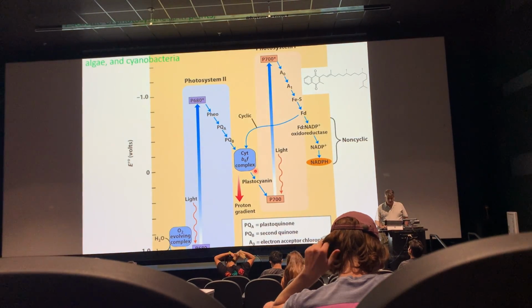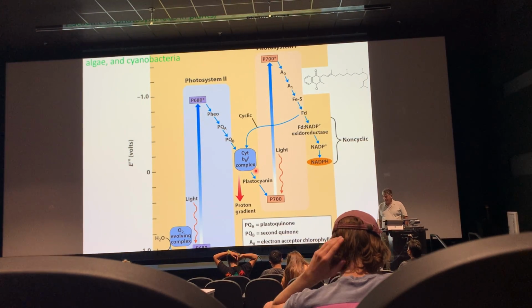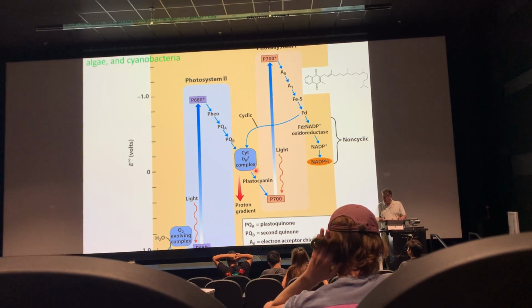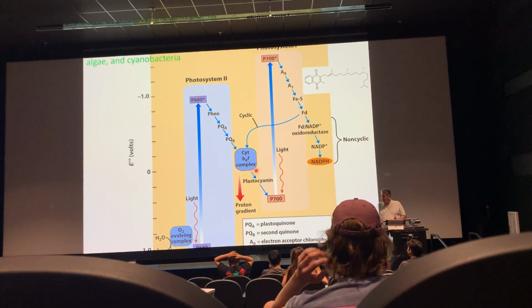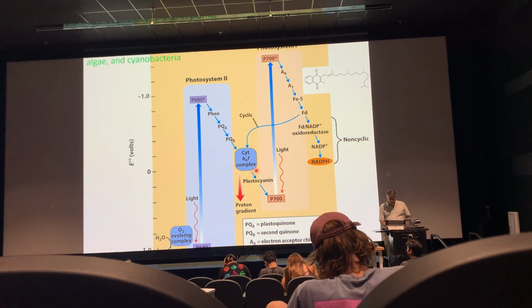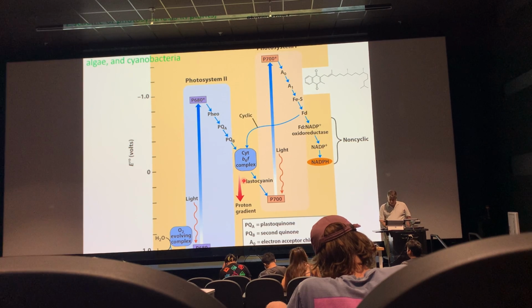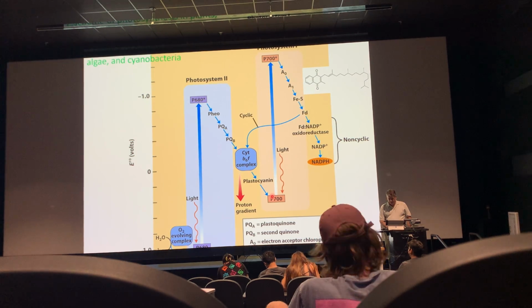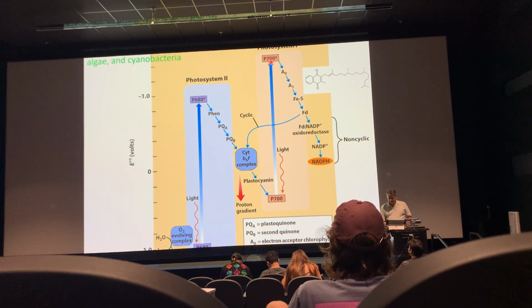So here is the Z scheme. You're not memorizing the Z scheme, but I need you to know who the components are, what they're doing, okay? What's the overall goal? So here, you see over here, photosystem 1, the electron can be pumped up.